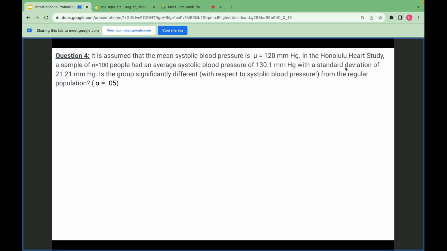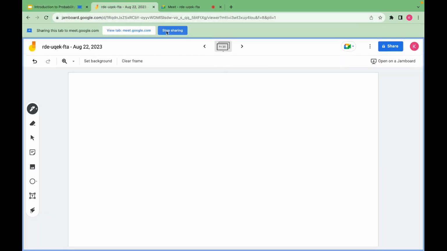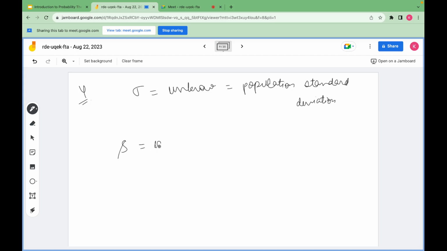What is different about this question? Here we are given the standard deviation for the sample. Standard deviation is not related to the population. That's why in this question the sigma is unknown. This population standard deviation is unknown. But we know the sample standard deviation.